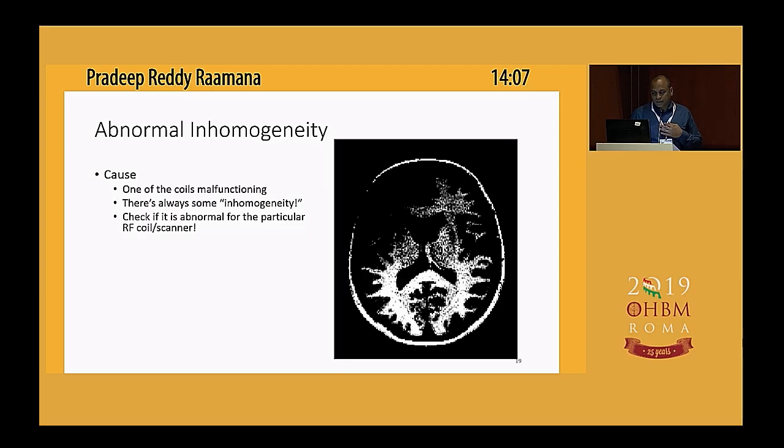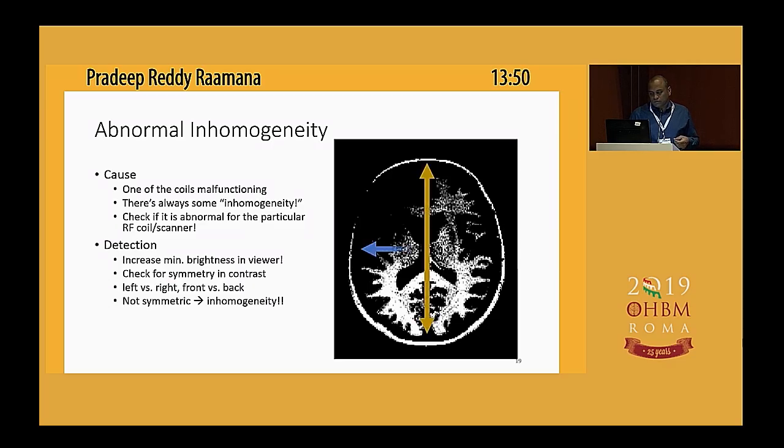To give you more intuition, if you increase the minimum brightness, the abnormality in the inhomogeneity becomes even more apparent. It can be easily detected by checking for symmetry in contrast, left versus right, as well as front versus back. That's the easy way to detect it. If the contrast is not symmetric between front and back and left and right, then that's an artifact.